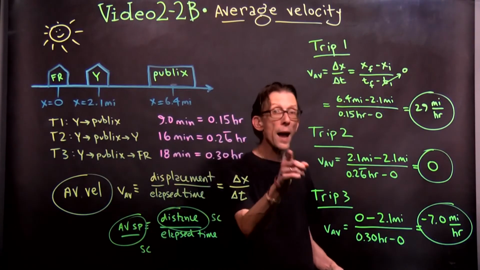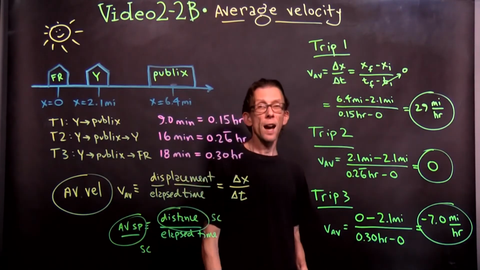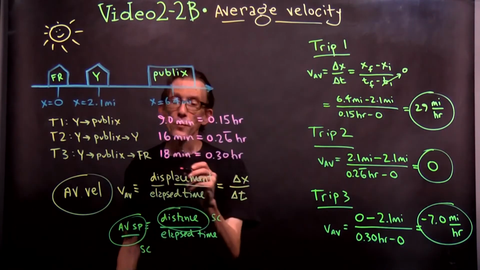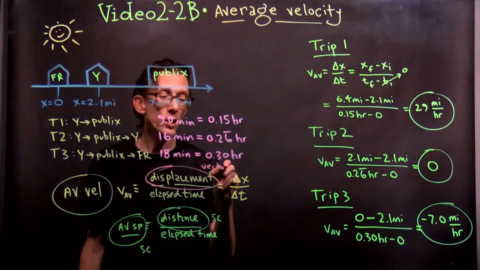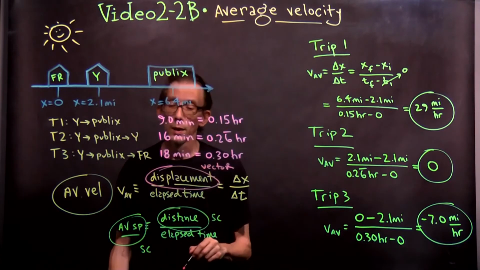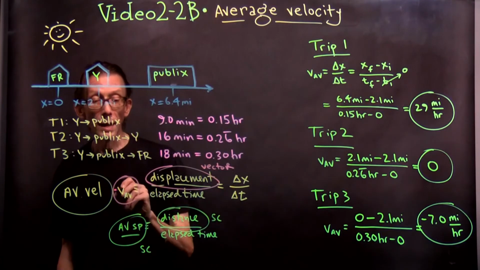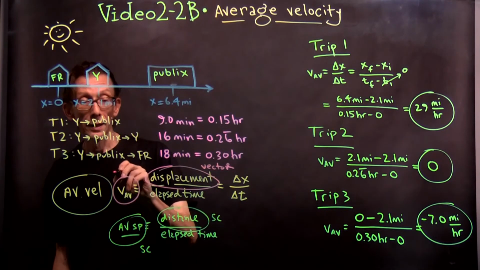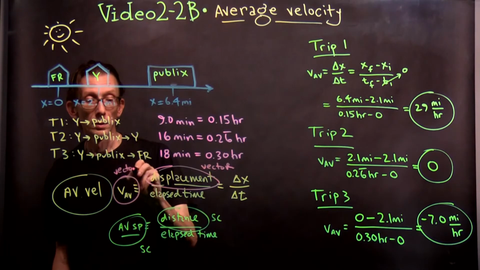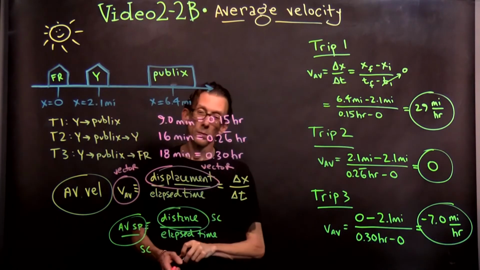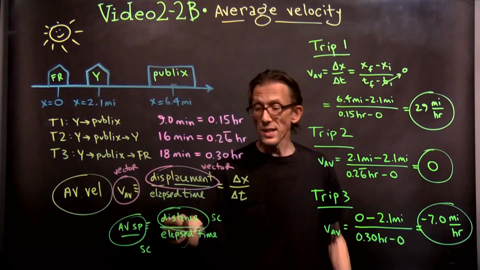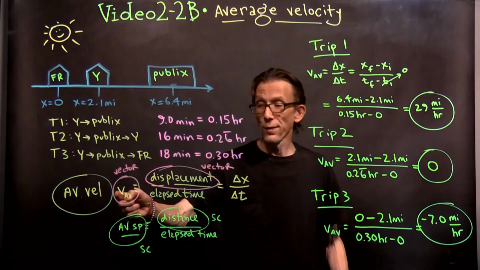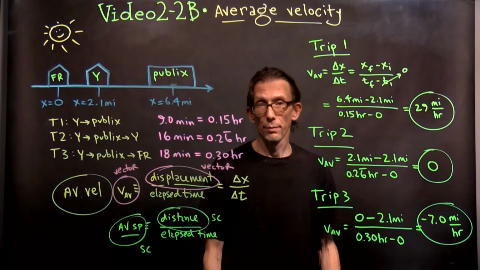In the same way, for average velocity, displacement is a vector. It has direction to it. Therefore, the average velocity is a vector. So average speed is to distance as average velocity is to displacement.